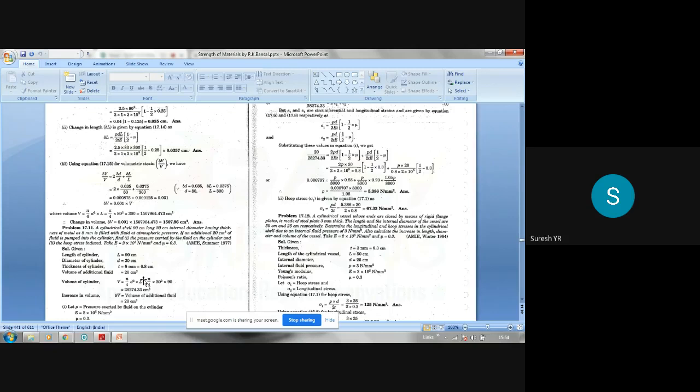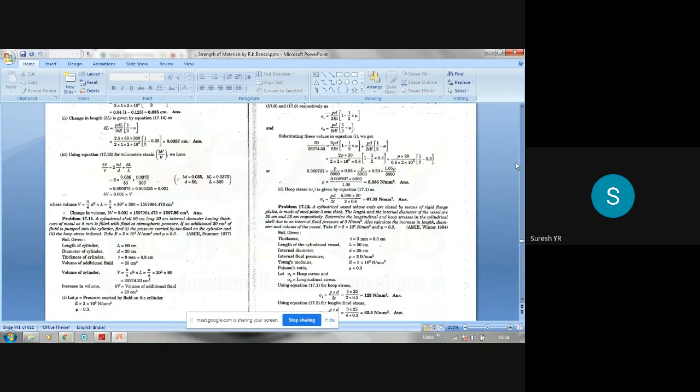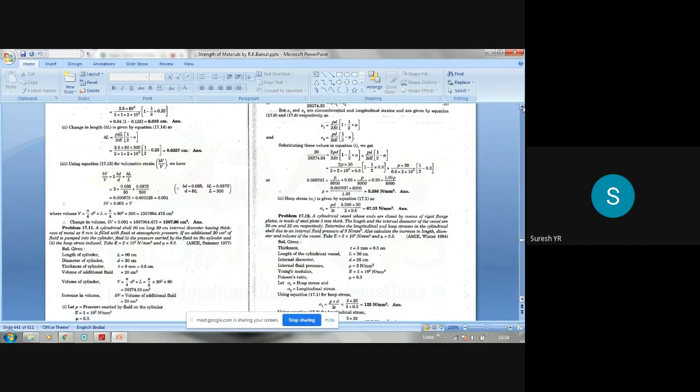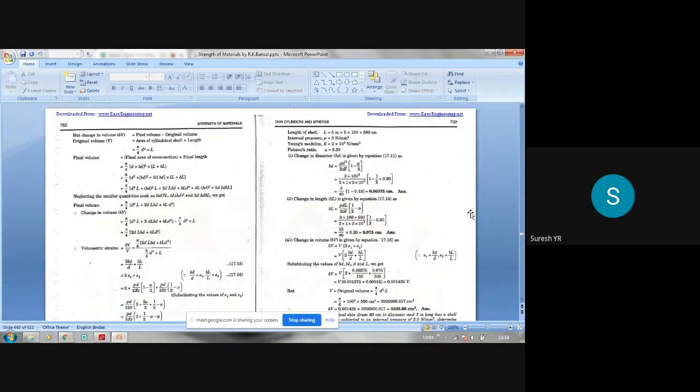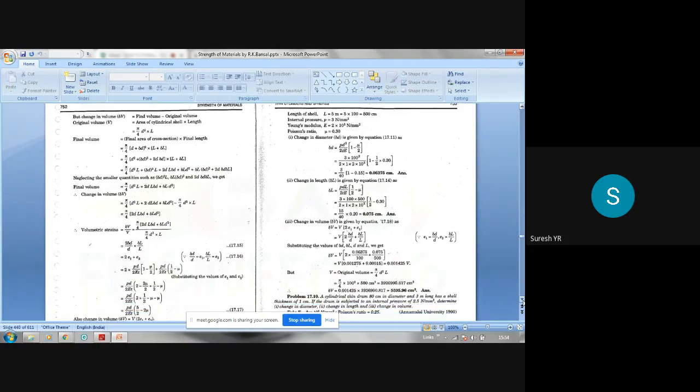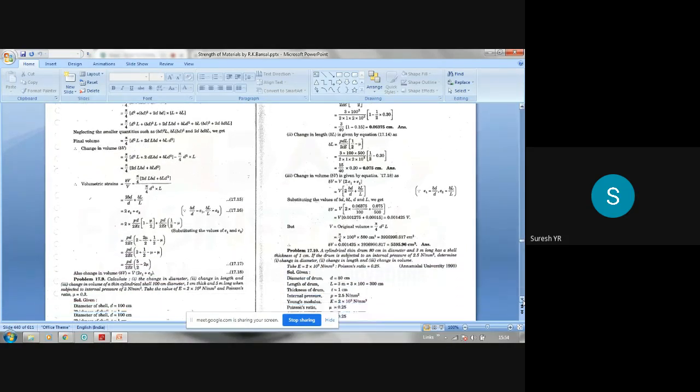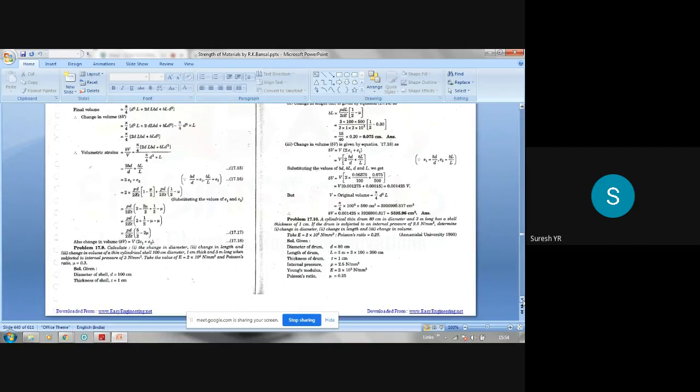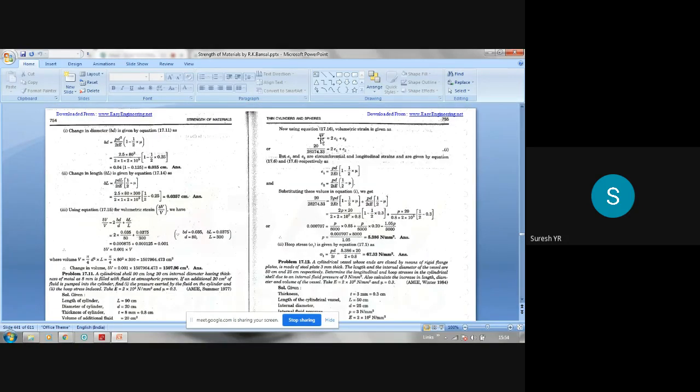Now use the same formula to find P. We know delta V and V, so you can use this formula. Delta V is the change in volume, 20,000, divided by V.